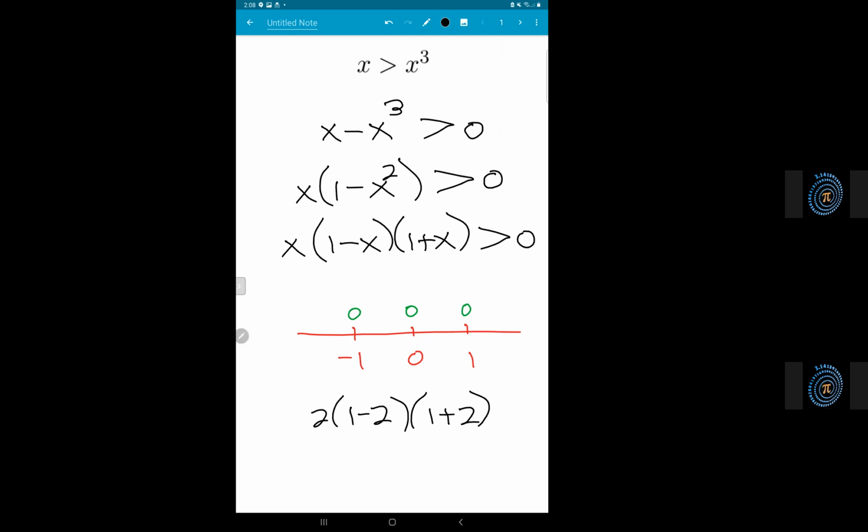So positive, negative, positive. And that means it will be negative in that interval. So I put a negative sign here to indicate that the expression here is negative throughout that interval. In fact, you can use any other test number.